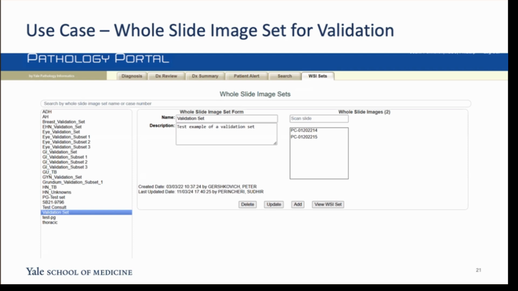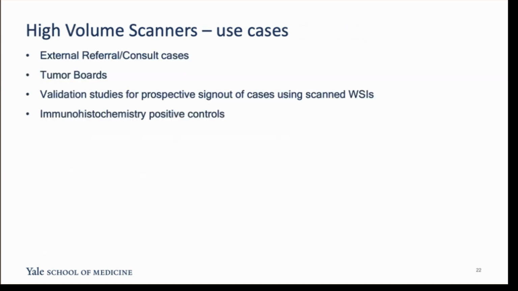Then there is a minimum washout period of 2 weeks. They review the glass slides and do the same again, or vice versa, and then we do a concordance analysis. So the whole slide image sets that was originally designed for tumor board presentation is also what we're using for validations for sign out using whole slide images.